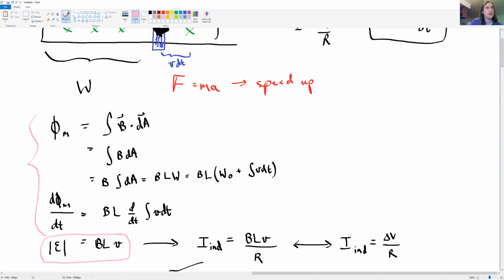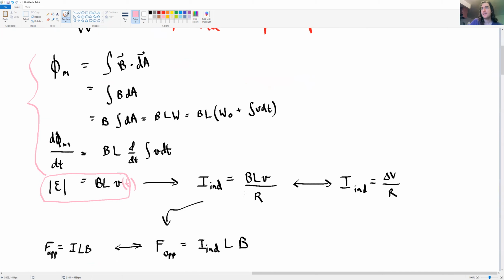So this is now a time-dependent velocity: V depends on t. That's the difference here, but we didn't write it explicitly.